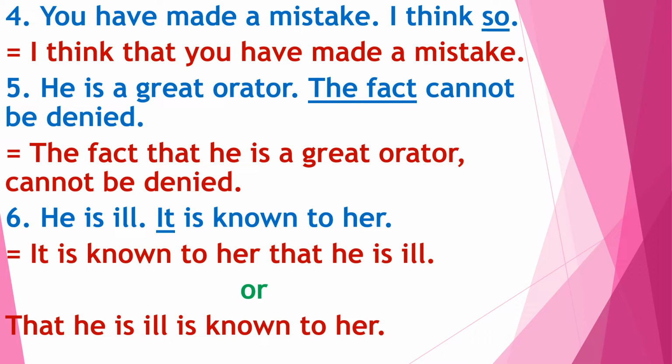Then the first sentence, "he is ill." And then we remove "it" and use "is known to her." So in this sixth example, we can join these two sentences through these two ways. You can use the first one and you can also use the second one, as you are comfortable.